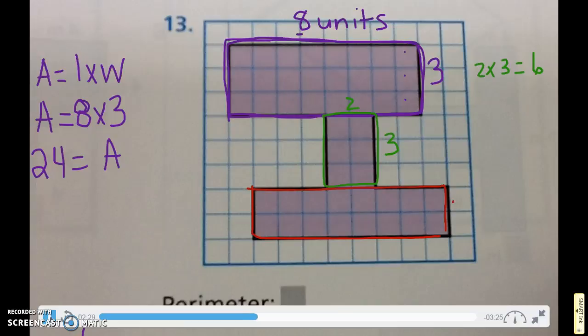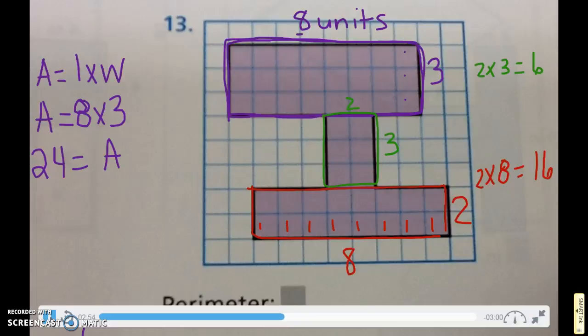I can see that this is 2 units, and then I have 1, 2, 3, 4, 5, 6, 7, 8 units there. So the area of this figure would be 2 times 8, which would be 16.